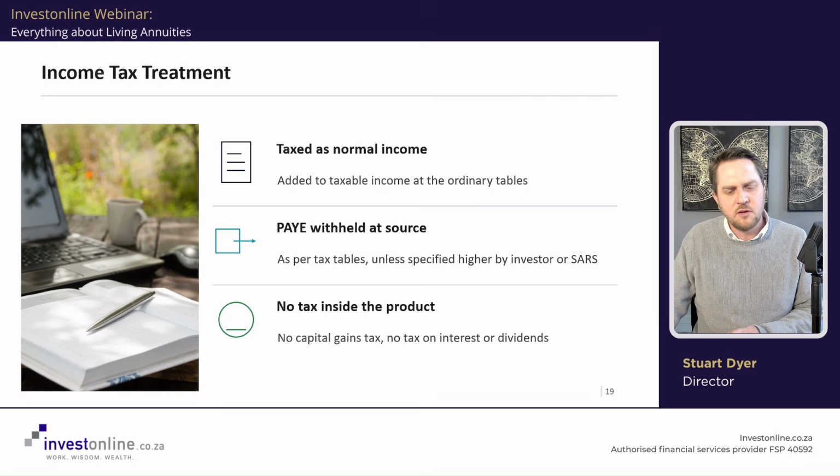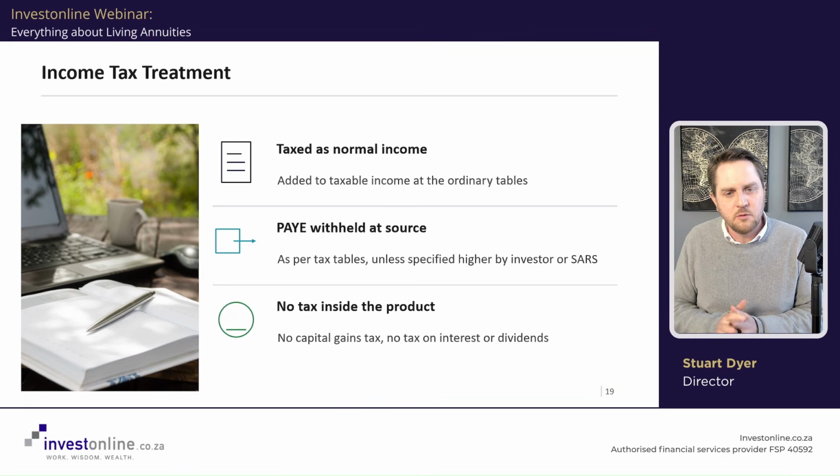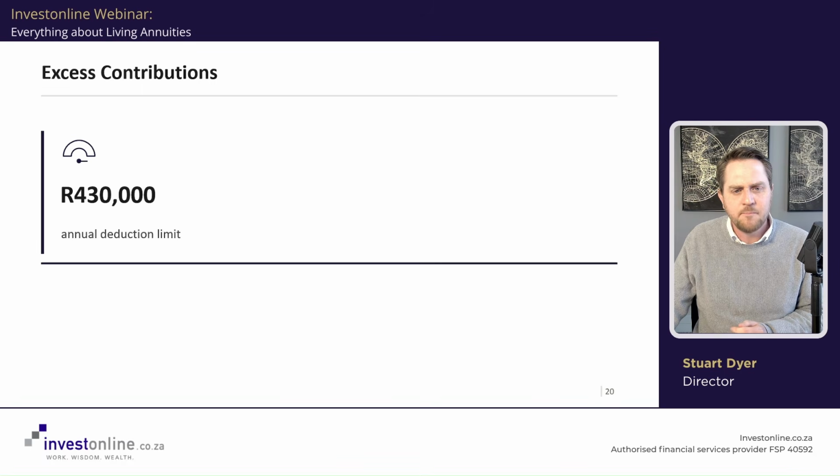So what's nice as a vehicle, let's say you've got a living annuity that makes a 10% annual return and you only draw 2.5%, you only pay tax on the 2.5% you draw, not the 10%, which is very different from interest income held in your own hands. If you earn a 10% interest rate at the bank and you do it in your own hands outside of any product, you're going to pay tax on the full 10%. So that's where a living annuity is a good vehicle in terms of growth, particularly when it comes to interest income. It is tax friendly.